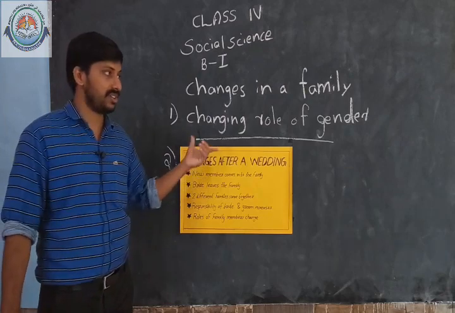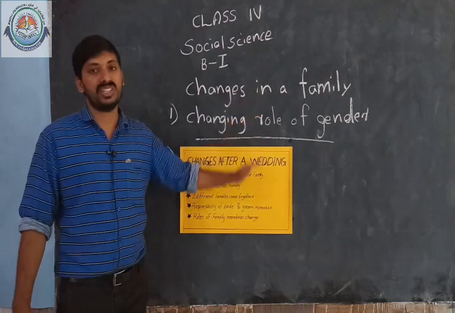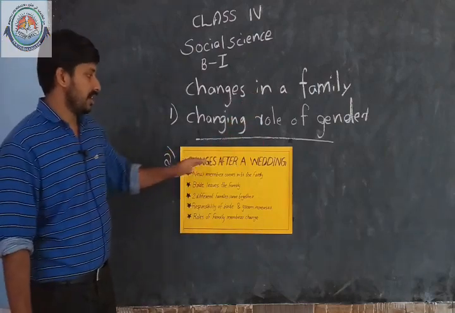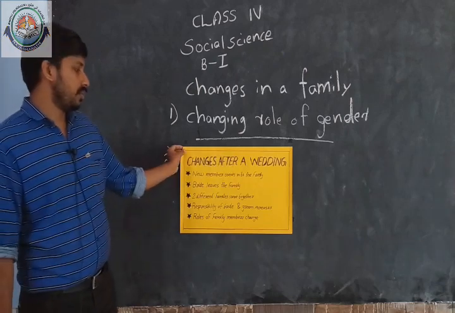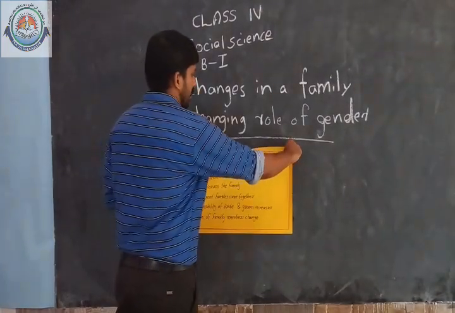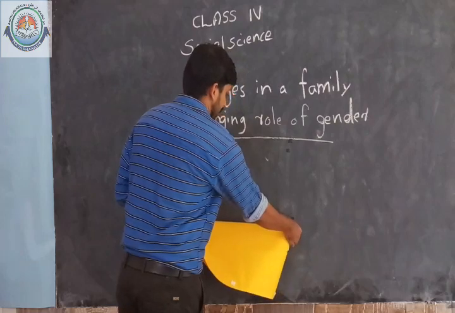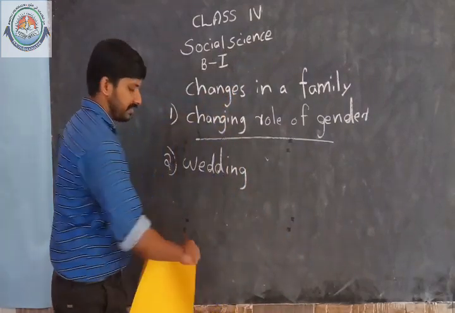And I will give you some work that will help you understand more about this chapter. I will give you the homework: how the roles of family members may change due to a wedding.